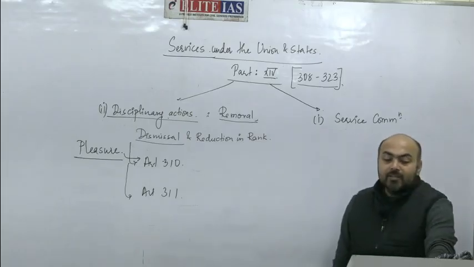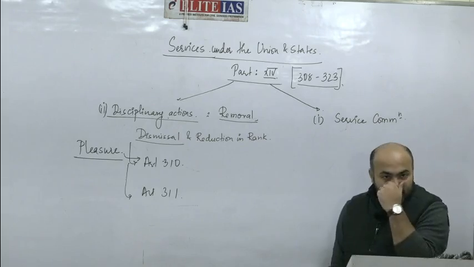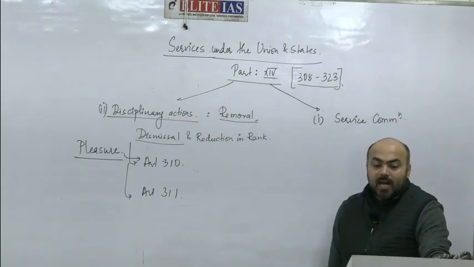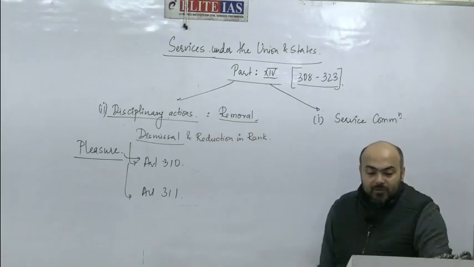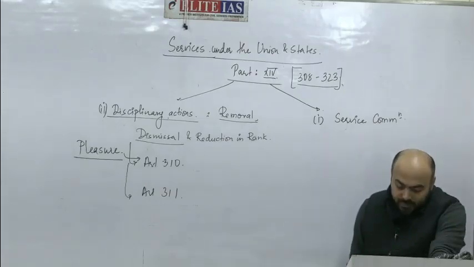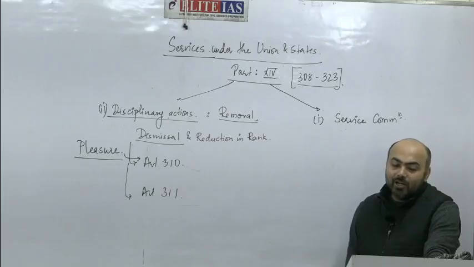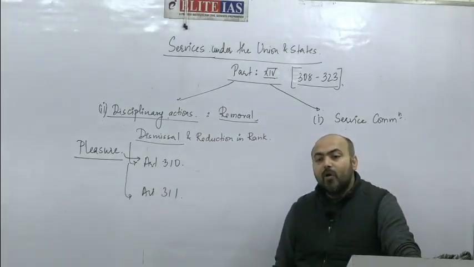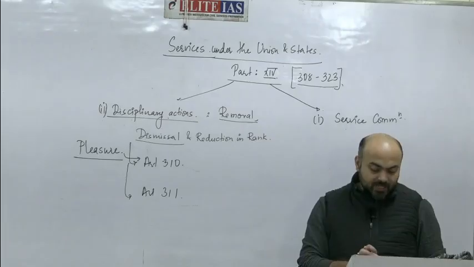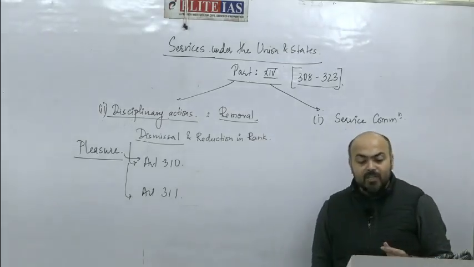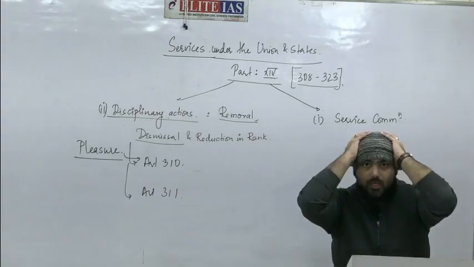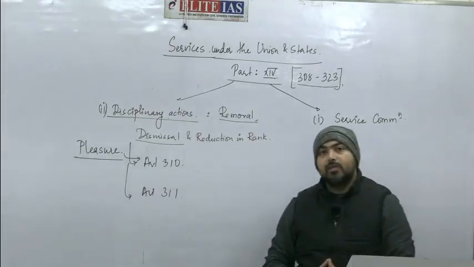First, a person whose services are taken by the government on account of technical expertise under a contract for a particular period of time will be compensated if he is removed from service before the end of the contract period.